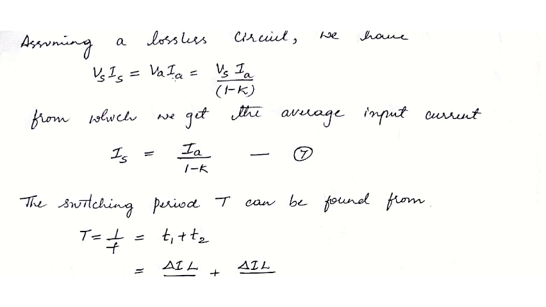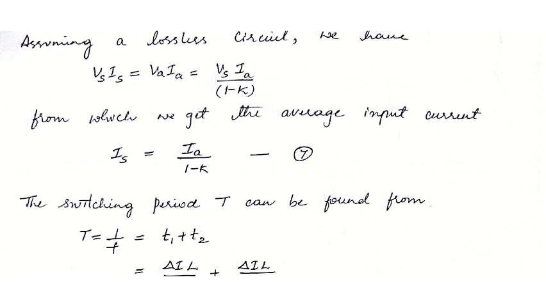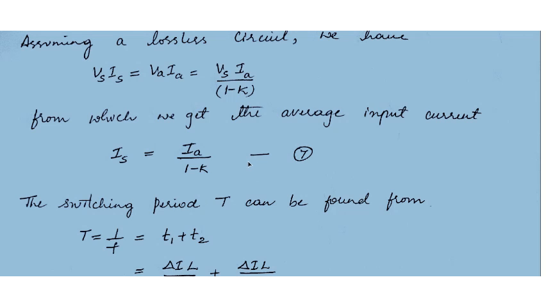Substituting Va from our previous equation, Va is equal to Vs by (1 minus K), we get Is, which is your average input current, is equal to Ia by (1 minus K). Call it equation number 7.